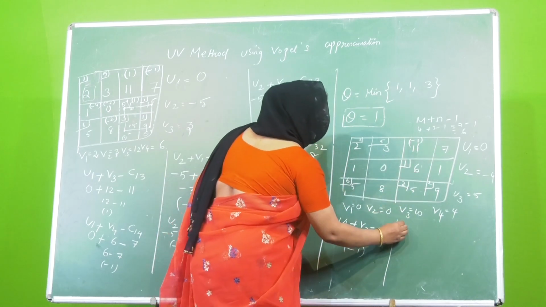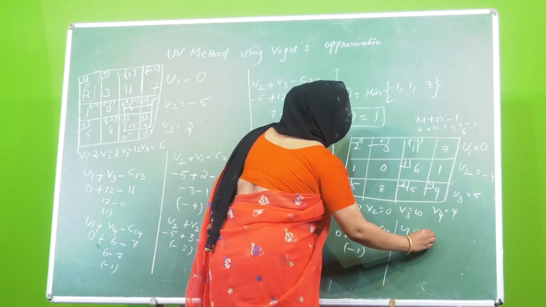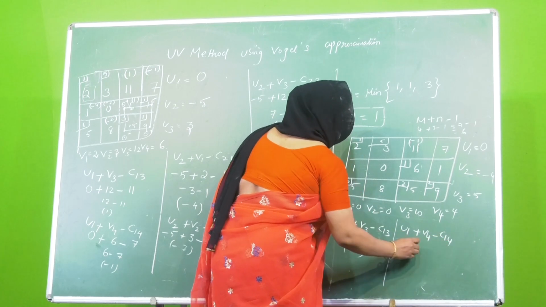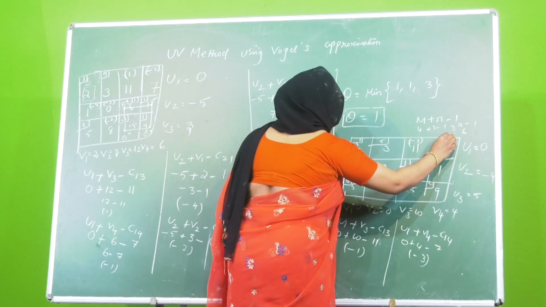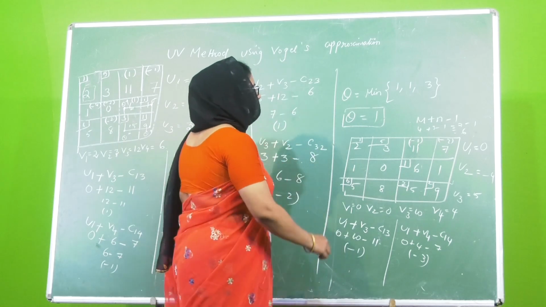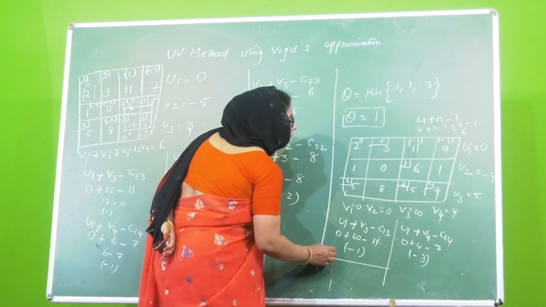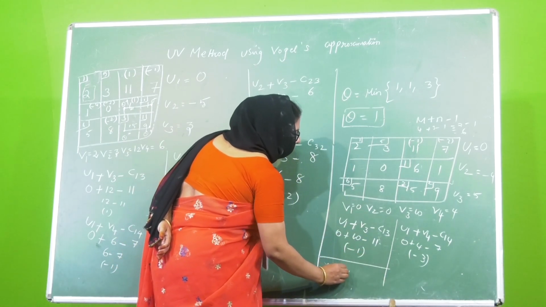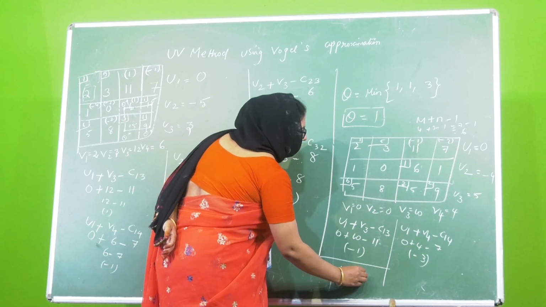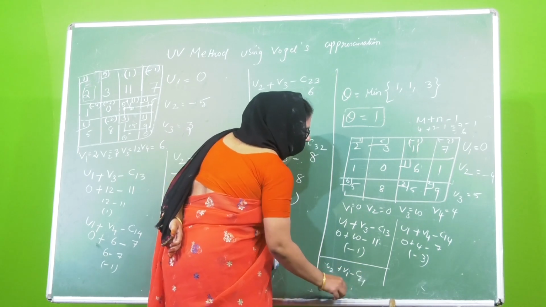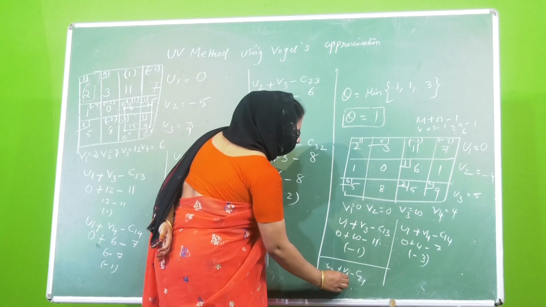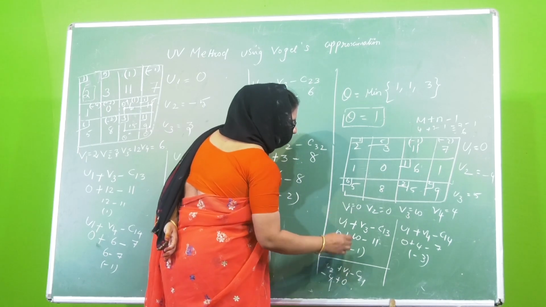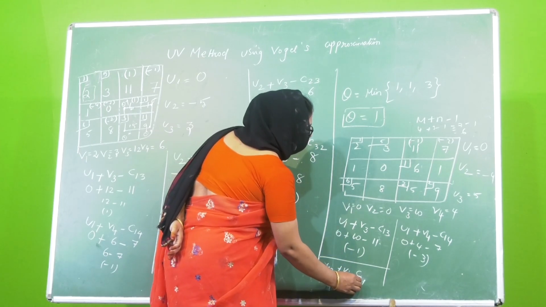Next, u1 plus v4 minus c14: 0 plus 4 minus 7, that is minus 3. u2 plus v1 minus c21: u2 is minus 4, plus v1 which is 0, minus 1.